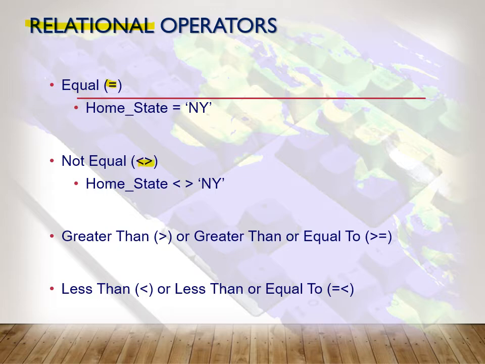You could also do not equal, something I don't do very often, but it's possible. And then greater than or equal, less than or equal. So again, these are relational operators, and they also work with Boolean operators, which we'll talk about in a second.